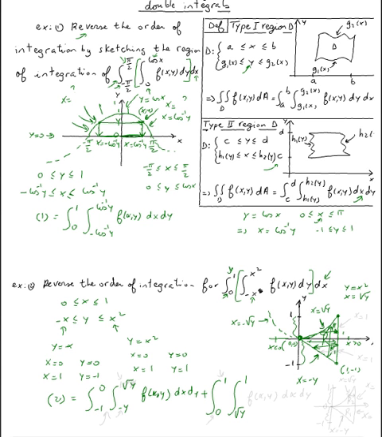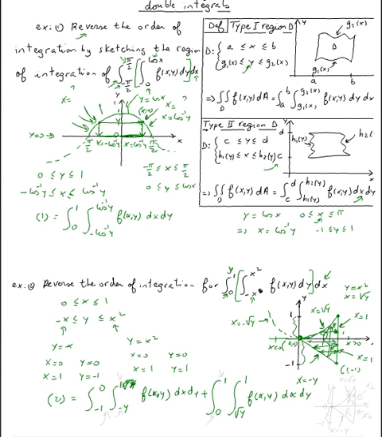Yeah, I messed up here. For the first region R1, it goes from minus y to 1, right? I mean, that's obvious, to x equal 1. From x equal negative y to x equal 1. It's the same line, x equal 1. Alright, and then it's f of x y dx dy.